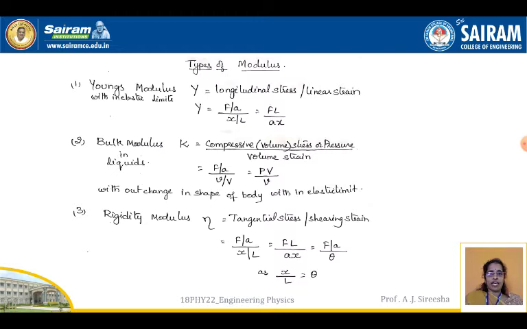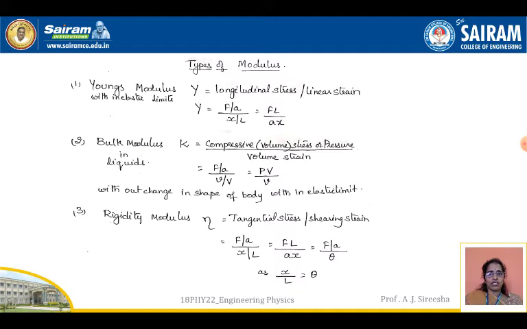by AX. Next is bulk modulus, which is shown in liquids. Bulk modulus is K, compressive or volume stress or pressure per volume strain. It is a ratio of compressive stress to the volume strain, which is shown in the liquids. It is force per unit area by change in volume to the original volume.